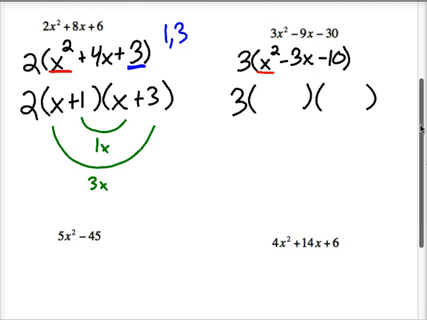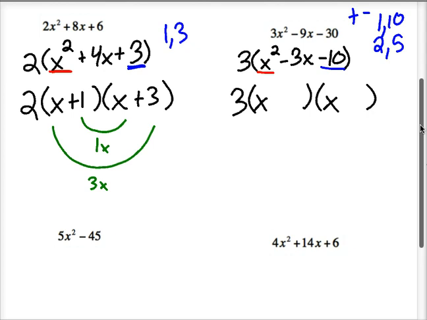X squared, well that's coming from x and x. 10 comes from 1 and 10, or 2 and 5. But to multiply to -10, we're talking about having a plus and a minus. I need one of each to multiply to be a negative. So which one of those adds to -3?